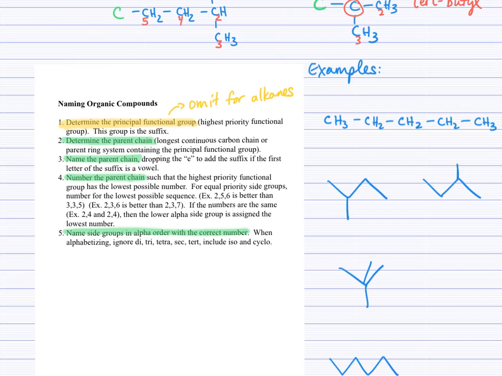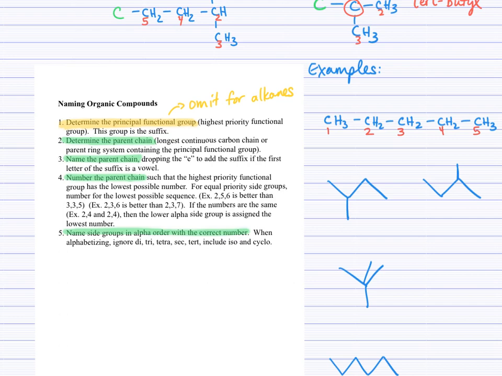Okay, so I've started you off with the C5H12 isomers that you built in the model activity. So we're looking for the longest continuous carbon chain, and hopefully you're thinking of this as being the 5 carbons that run continuously from left to right or right to left. It really doesn't matter which way you number those.